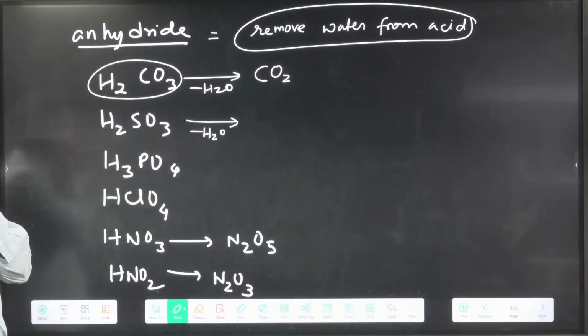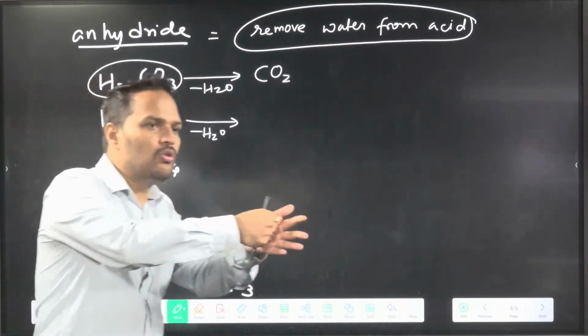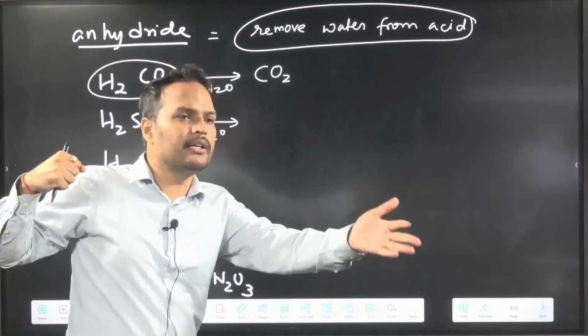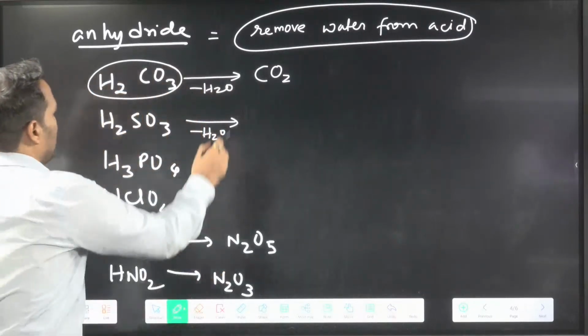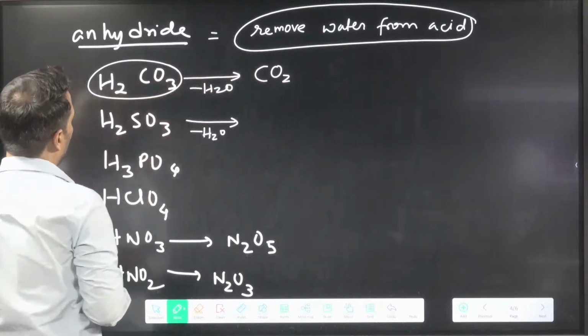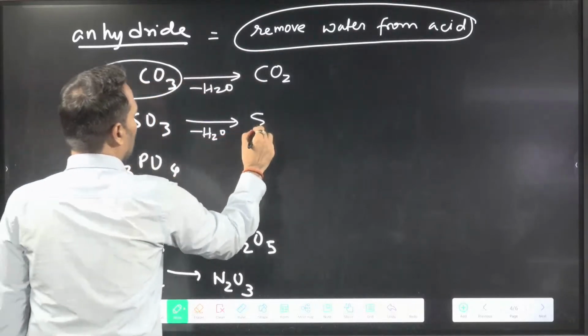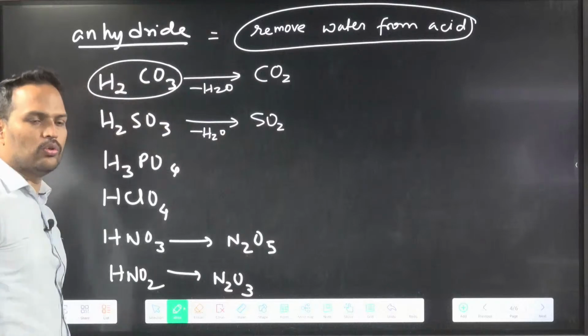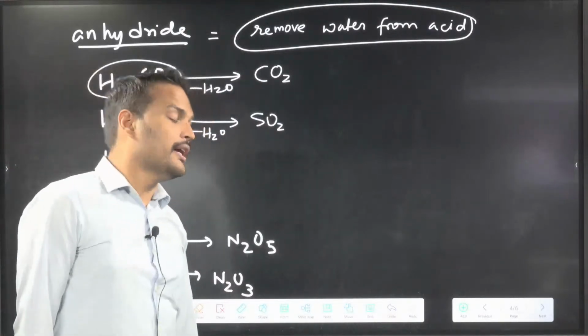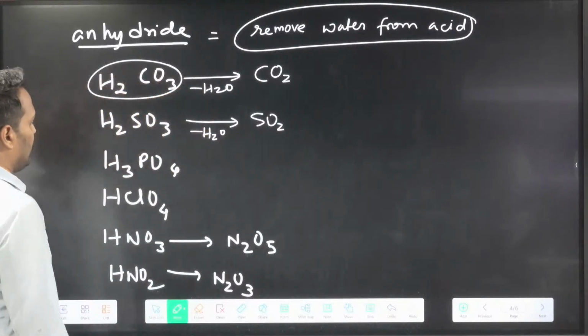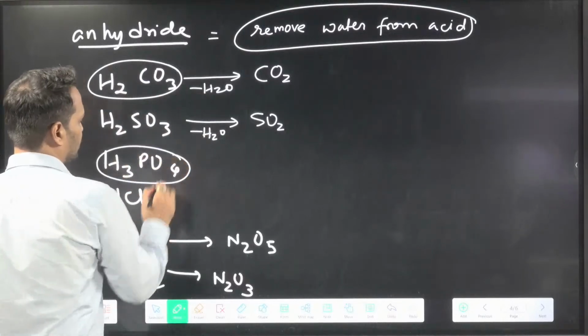Okay, clear with this point? So when you remove water from acid, you get anhydride. So CO2 is the anhydride of H2CO3, you can say. SO2 you will get. SO2 is the anhydride of H2SO3.